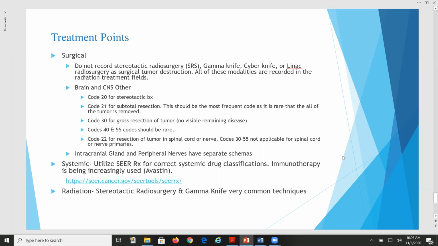Code 30 for gross resection of tumor. Codes 40 and 55 should be rare, as these are your lobectomy codes. Code 40 is for a partial lobectomy, and code 55 is for a total lobectomy.